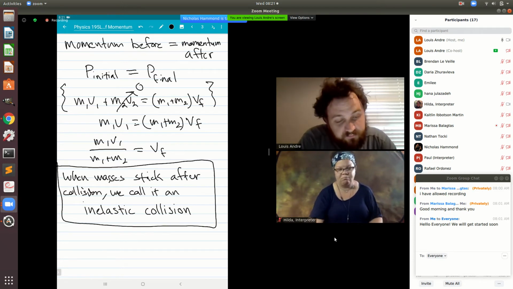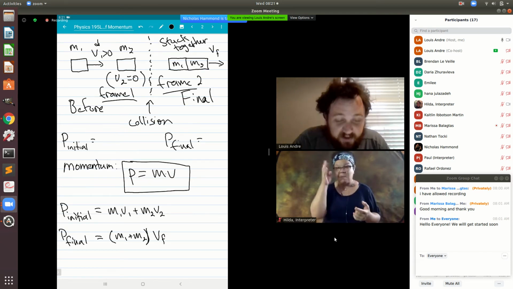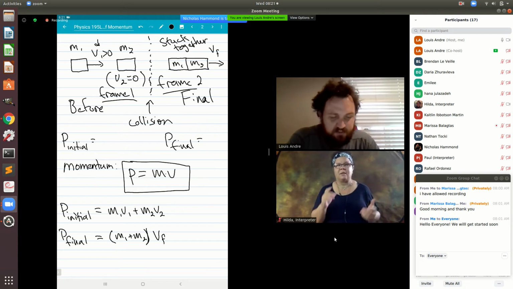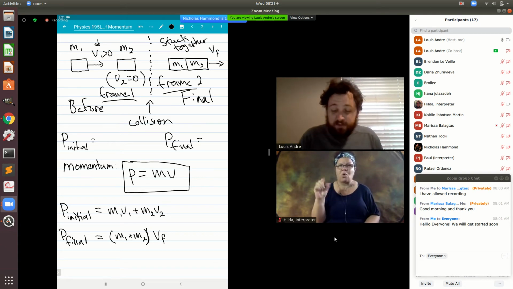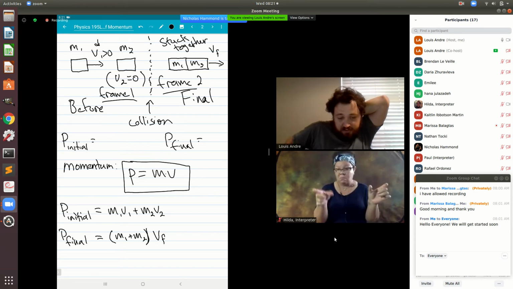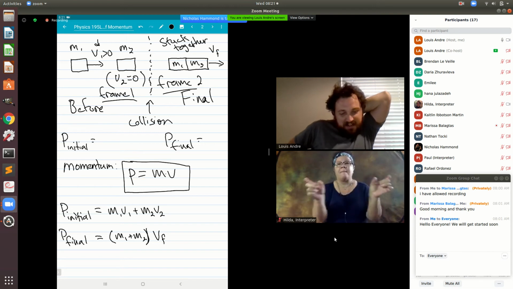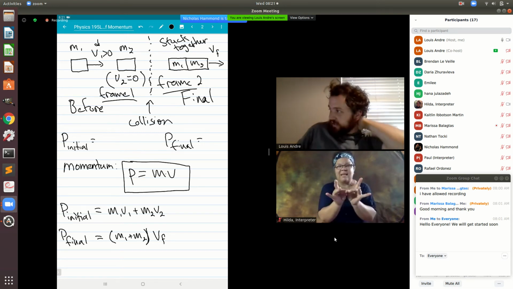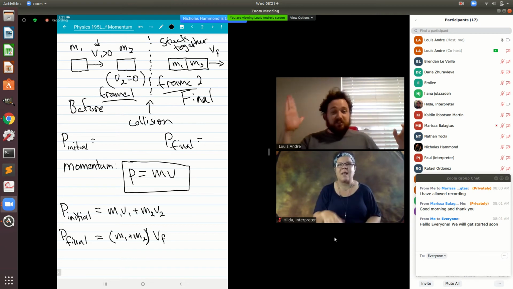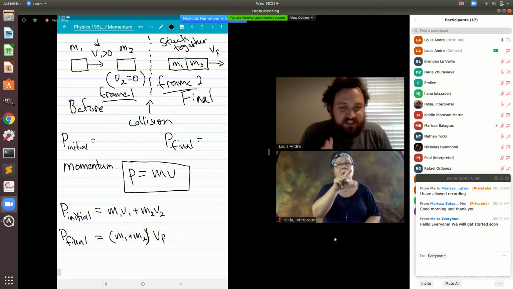This little momentum problem that I just made up and sketched out here is really an inelastic collision problem, because you have these two objects in the beginning, M1 and M2, and after this collision they somehow stick together and travel together, right? So that right there is an inelastic collision. I imagine an inelastic collision is kind of like a spitball hitting the wall, right? It just squishes on there. It's a sticky thing.